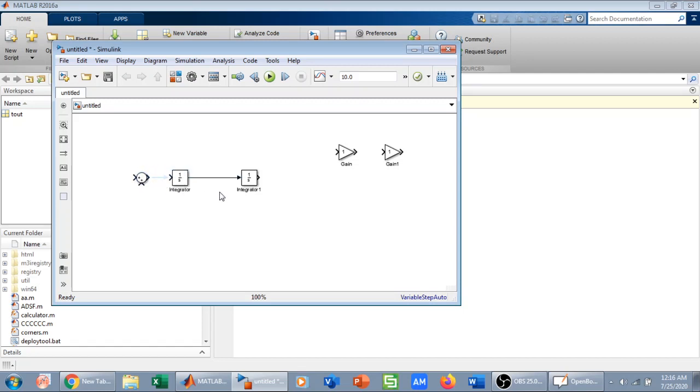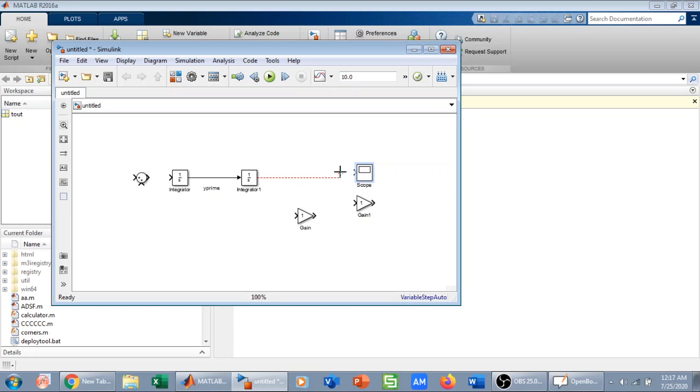So I can label here. I will label this as y prime. Fine, this is my y prime. I also need a scope, so I will left click, type in scope and bring the scope here.